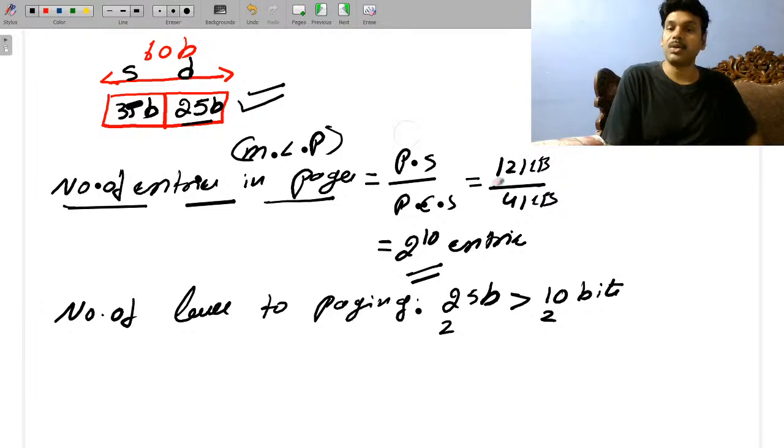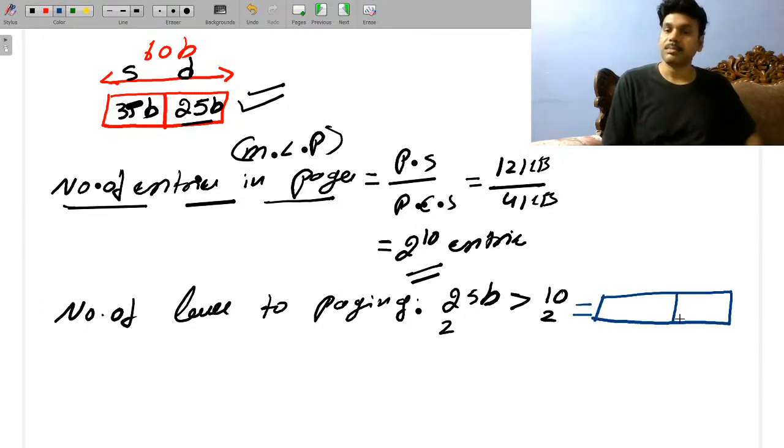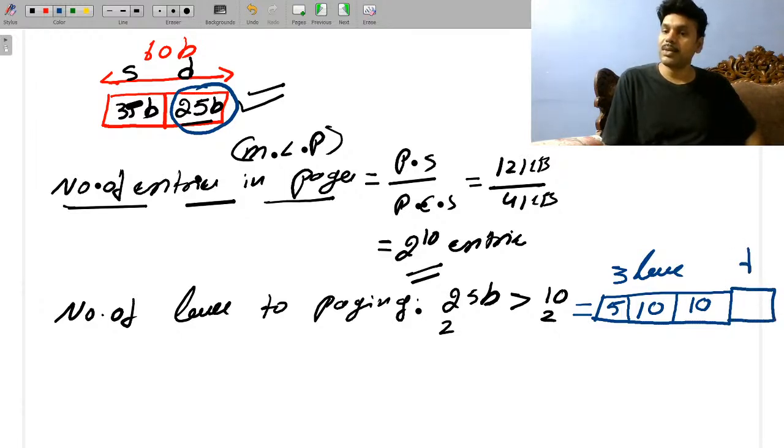We already know how to do paging: divide it into first 10, the next 10, and the next 5. So I did 3 levels. I'm talking about this D only.